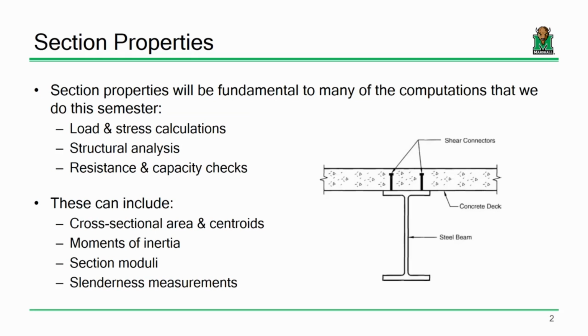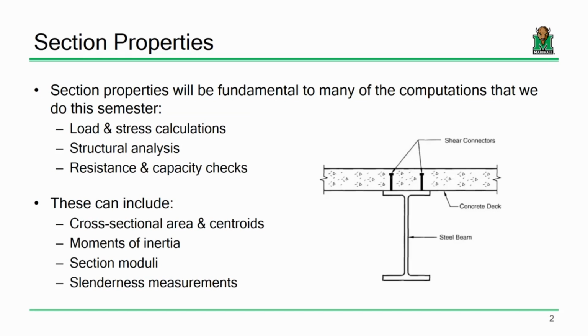Okay? Now, I say section properties. I want to make sure everybody knows what I'm talking about. If I take this bridge beam or what have you, and I use the secret weapon of structural engineering, which is a samurai sword or a lightsaber if you happen to be a sci-fi fan, and I cut a section right through that bridge, and I'm looking at this beam, looking at the deck, I'm talking about the properties associated with this section.